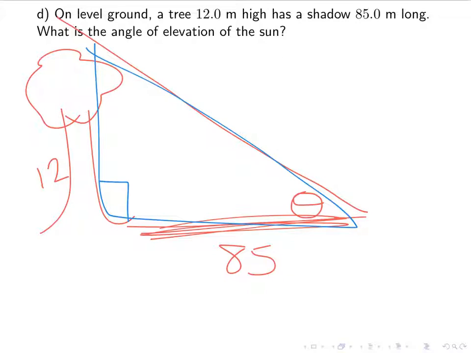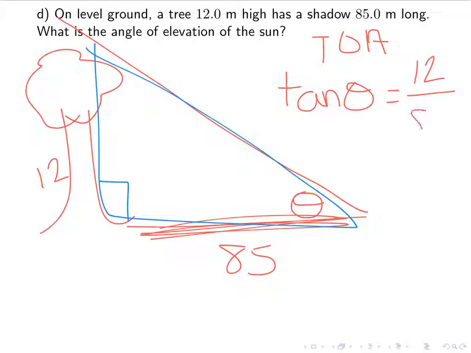Okay, so I have the opposite side and I have the adjacent side. So opposite and adjacent, I want TOA, I want tangent. So tangent of theta is opposite over adjacent, which again means that theta must be tan inverse of my 12 over 85.